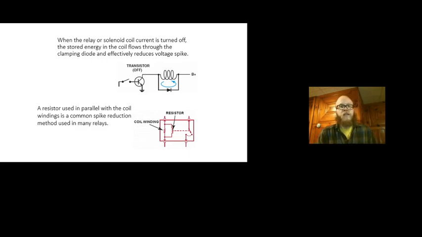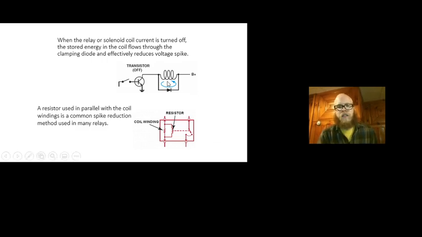And that causes a very, very high voltage to be created, which in an ignition coil is useful because it makes the spark jump across the air gap of our spark plug. But in the rest of our circuits, it's not so ideal. That high voltage can burn up switches. It could hurt parts of the computer.